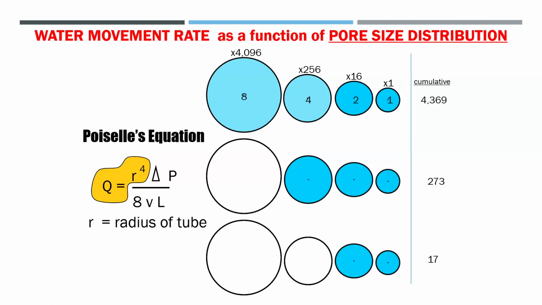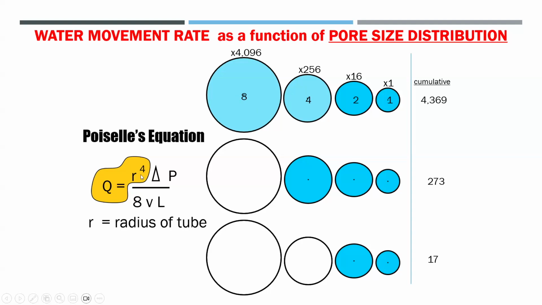Now, if I go to 4, so from the center to the edge is 4 times this one, it's now 4 times 4 times 4 times 4. I can move 256 times as much water as a 1. And if I go to 8, so you think, hey, I only went 8 times bigger.